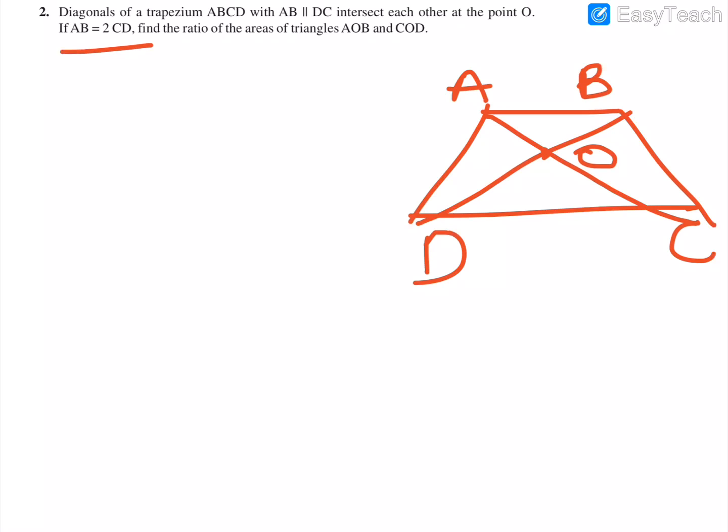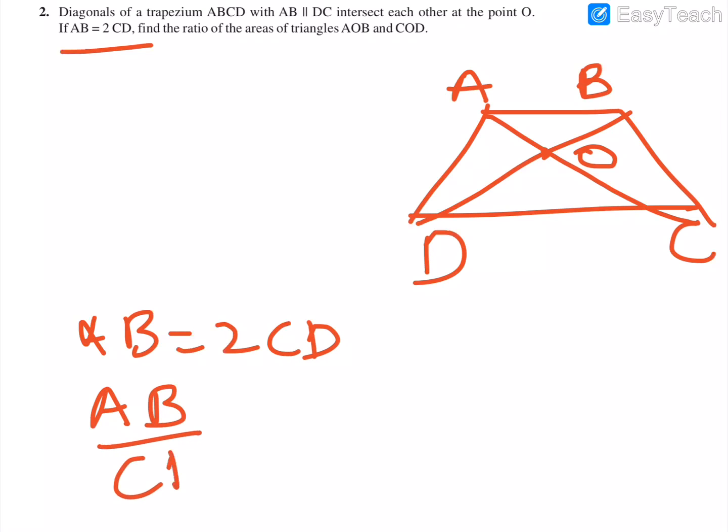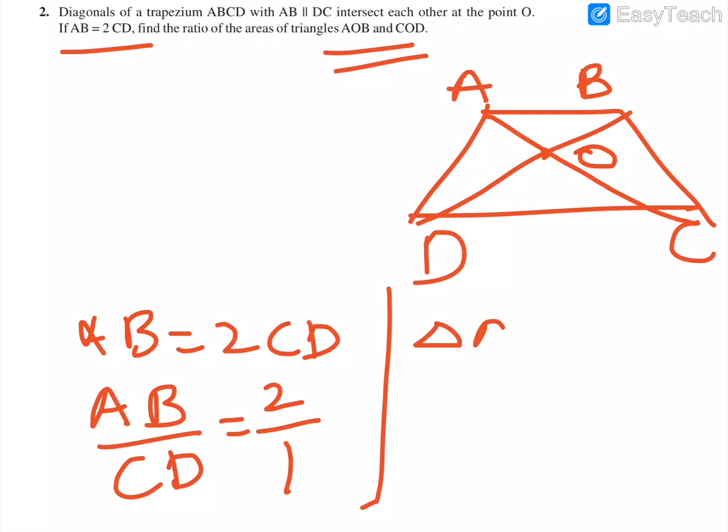Okay, we will use this information later. So AB by CD is equal to 2 by 1. Find the ratio of areas of triangle AOB by triangle COD.